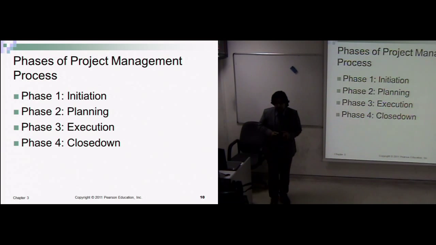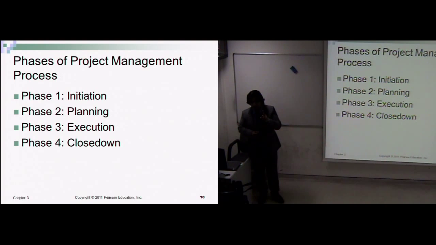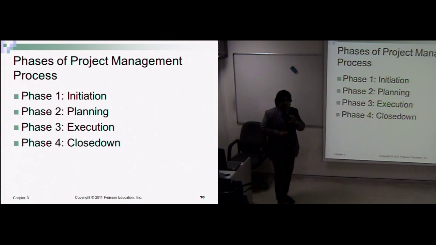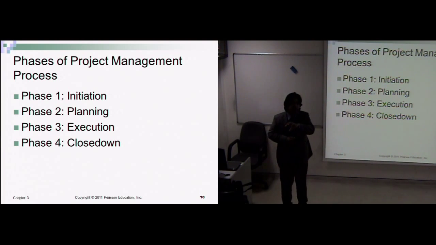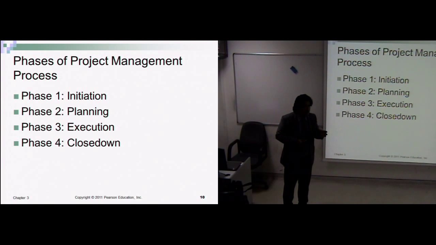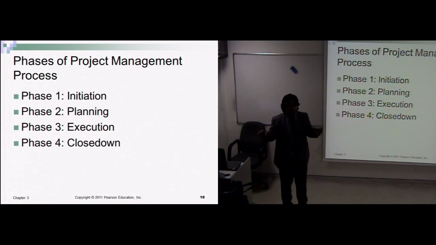Please don't confuse these phases with the systems development life cycle, because in exams students sometimes confuse the systems development life cycle phases with the phases of project management, or the phases of project management with the phases of the systems development life cycle.